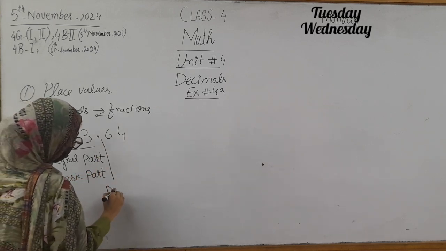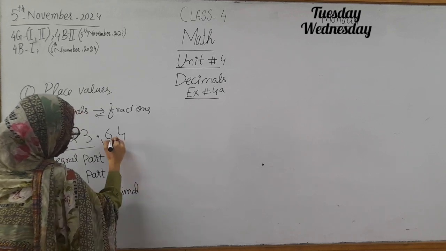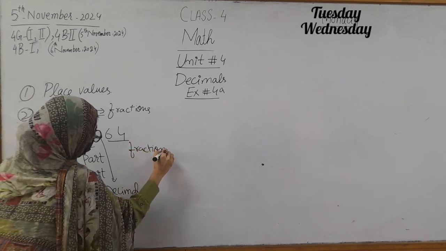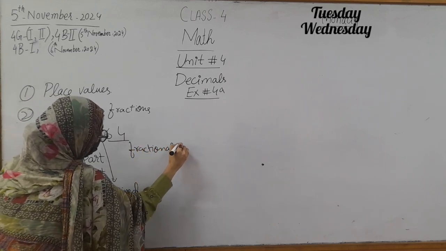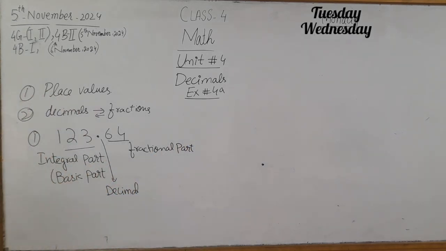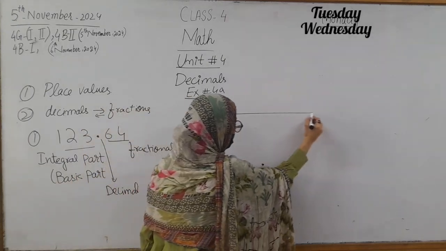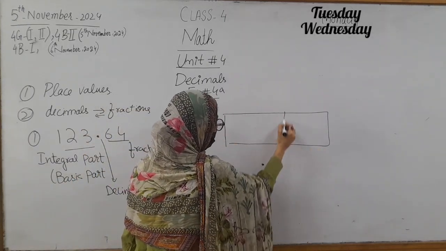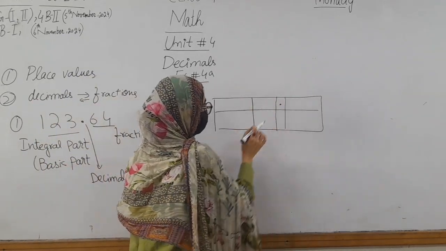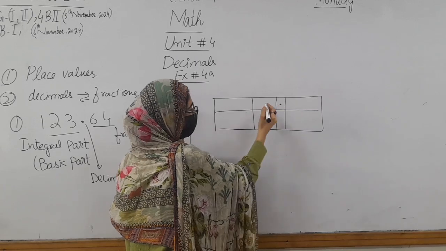This is the decimal point, and this is the fractional part. And how do we put it in the place value table? You will simply make the place value table as we have already discussed in our class and in the previous lesson as well.